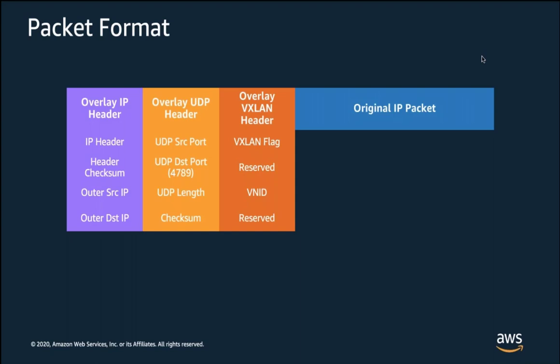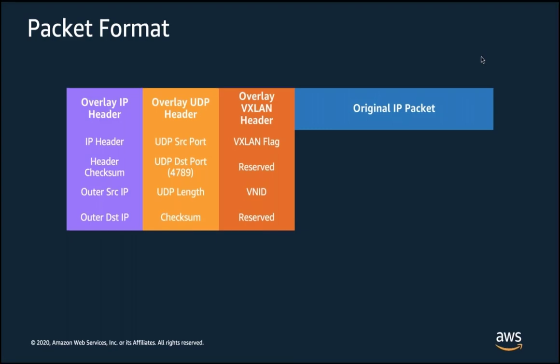You might be familiar with VXLAN as a popular tool for creating overlay networks. In this case, we're purely using this as a way to wrap and encapsulate the captured traffic and then use it as a way to identify it when it's being forwarded to the target. And then finally, inside that VXLAN packet, we have the original packet.